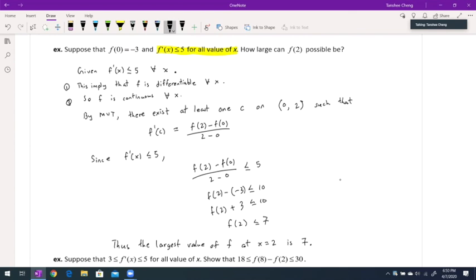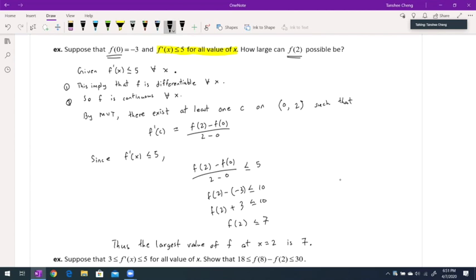How do I get that 0 and 2? That is coming from here. Remember, we need to relate the derivative, the function value of derivatives, to the slope of the secant line.